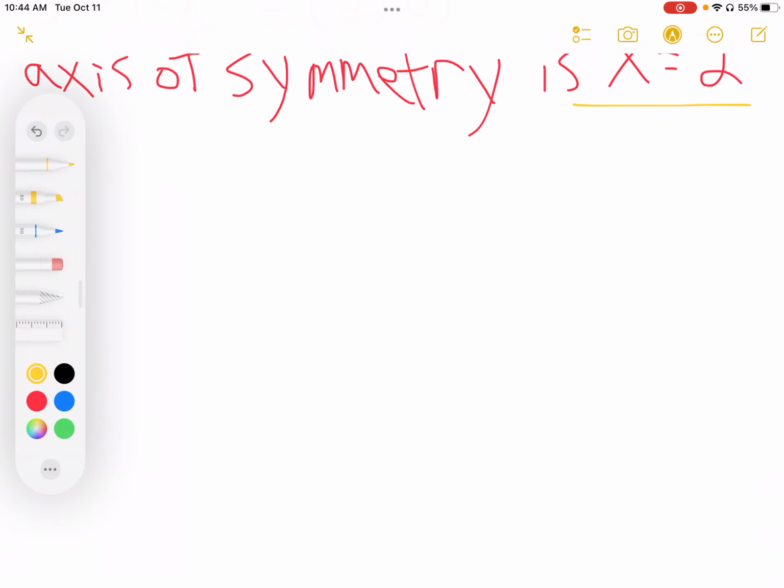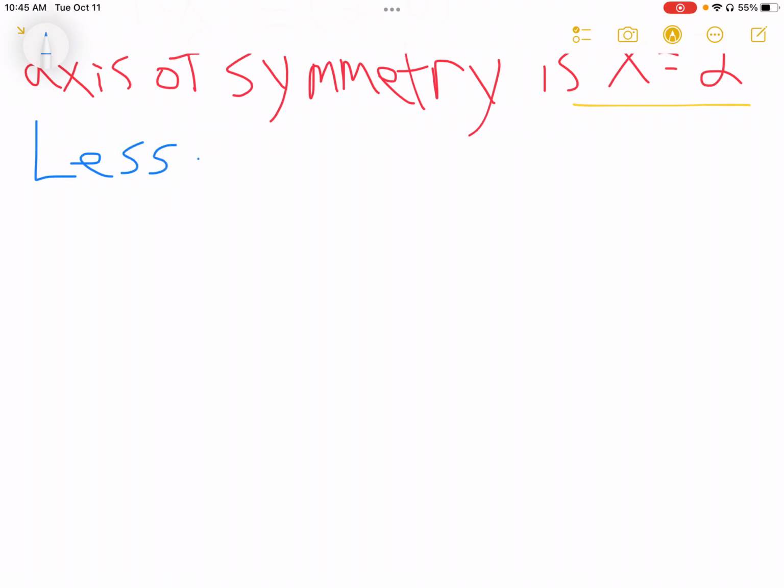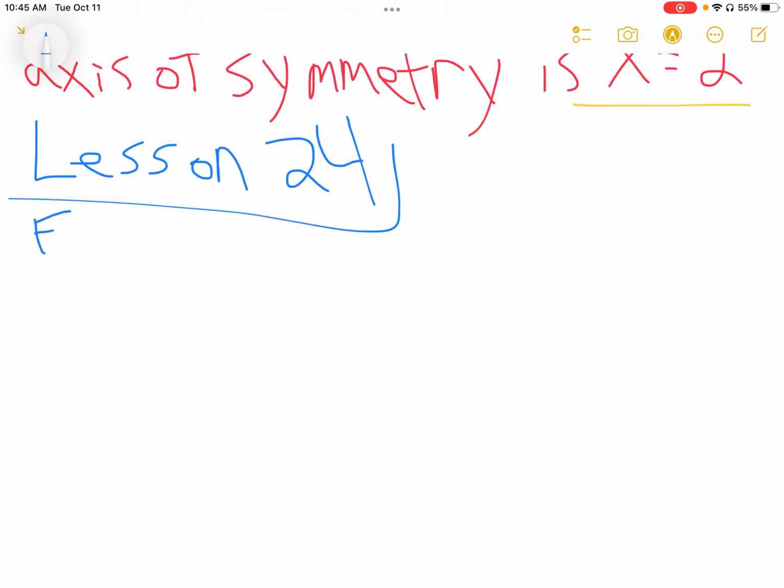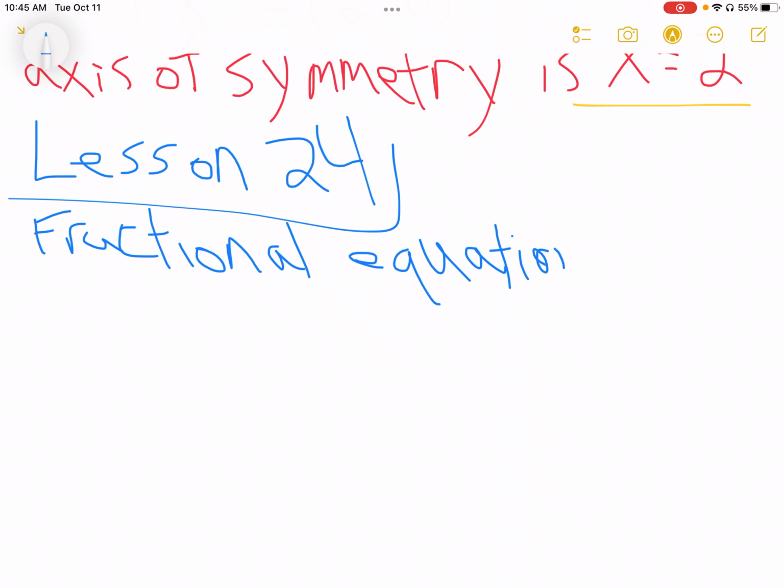Okay, so lesson 24. Lesson 24, we're going to talk about fractional equations and overlapping triangles.